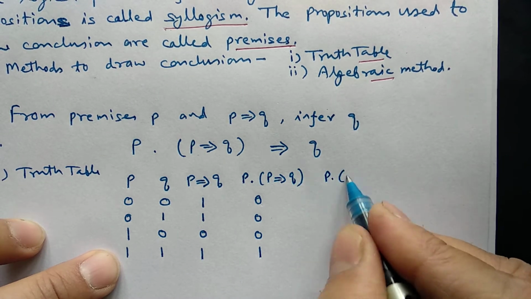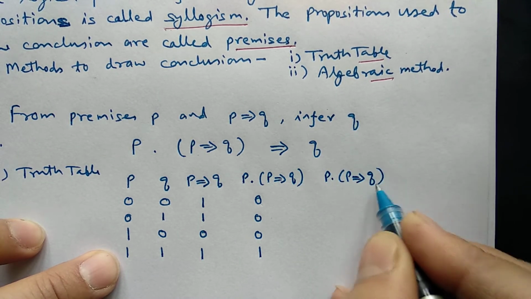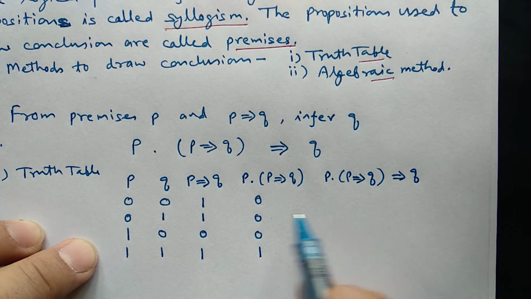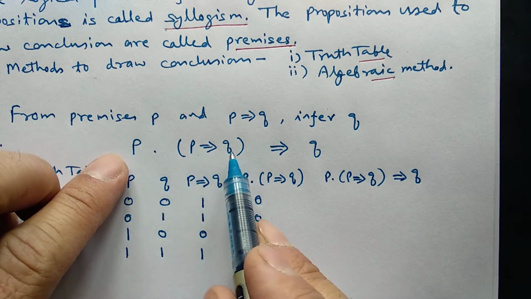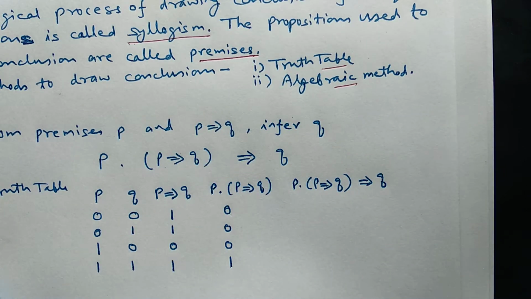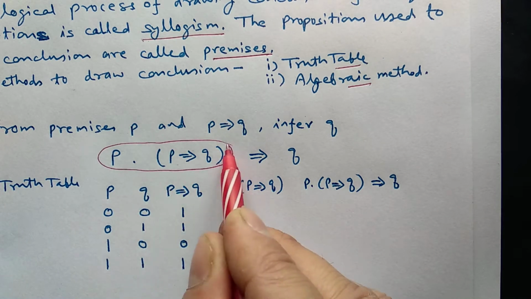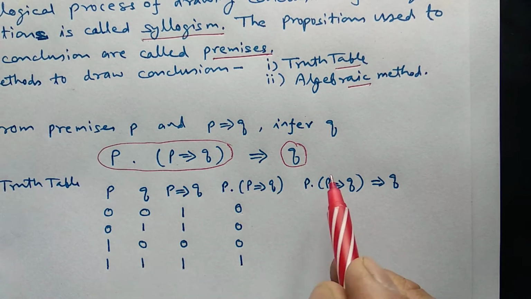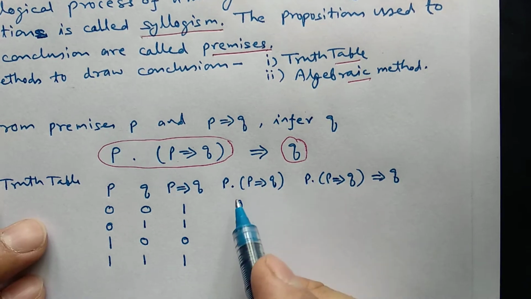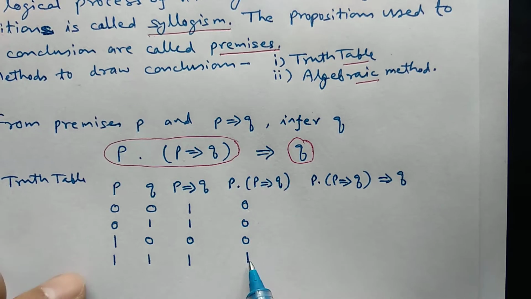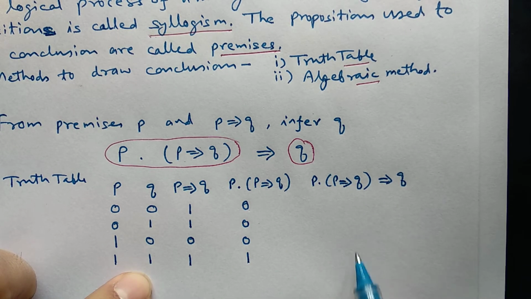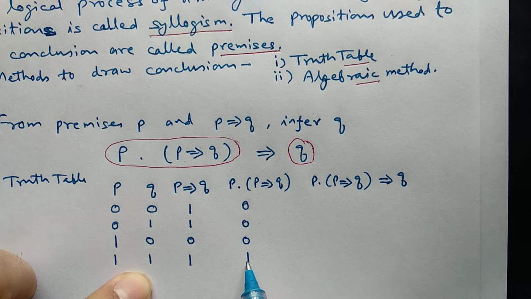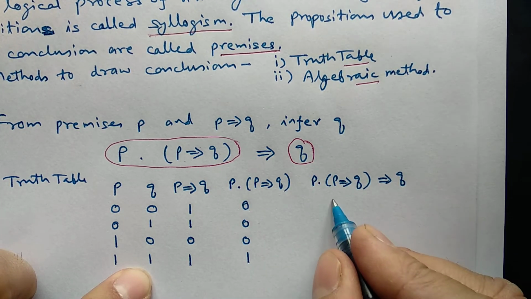Now P and P implies Q implies Q. The whole result will be 0 only if this term is 1 and the Q value is 0, which is not possible. So the only possibility for it to be 0 is when this term is 1 and Q is 0, otherwise not.